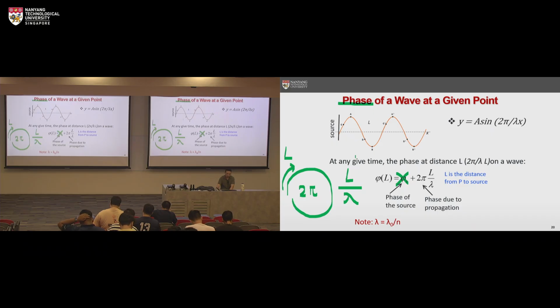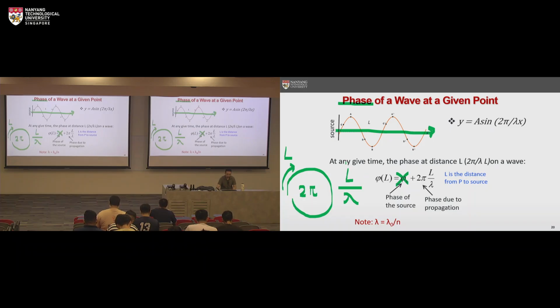Phase, by definition, is a fraction showing how much your photon has traveled in one cycle. This can tell you the distance your light has traveled, and it also tells the time your light has been traveling.